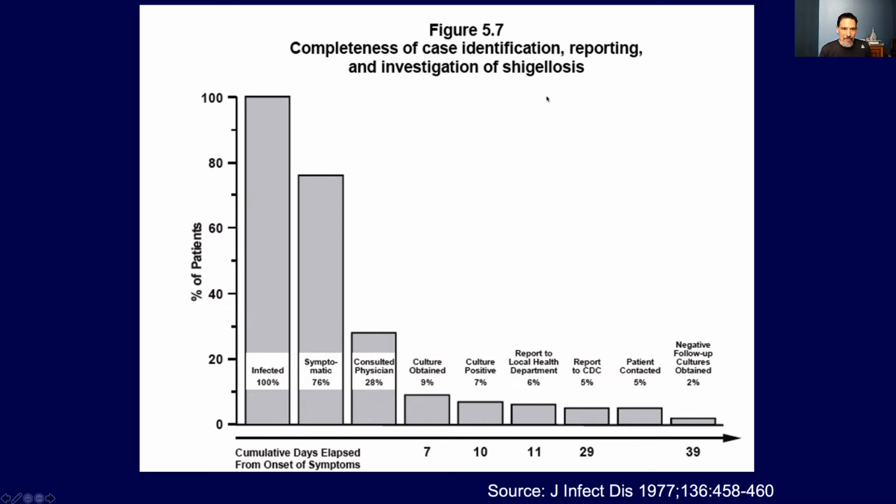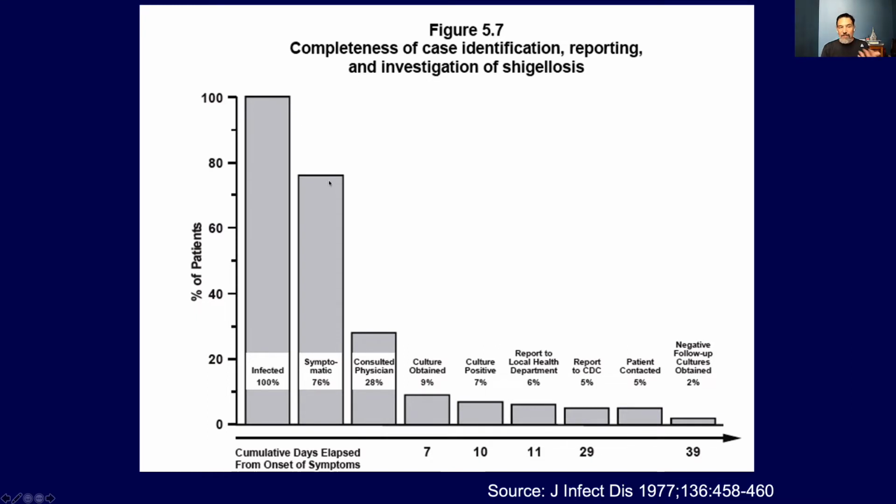So this infection is shigellosis or Shigella, and they're looking for the completeness of what proportion of cases of shigellosis are actually captured in the surveillance system, and to give you a sense of the drop-off and also how long it takes, right? So if you start with all of the cases in the population here, only about 76% of them are going to result in symptoms.